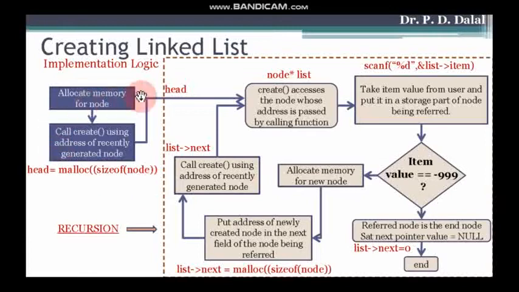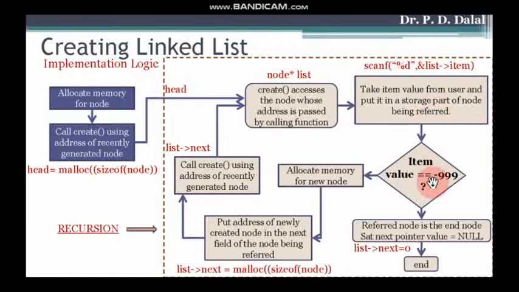The same thing is represented using a flowchart. Allocate memory for the first node, call create, passing the head. Here it accesses the node address passed by the calling function, and takes the item value.